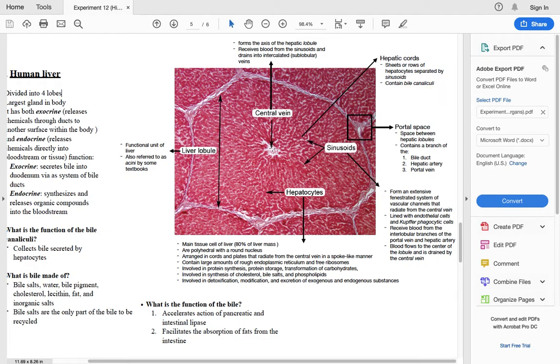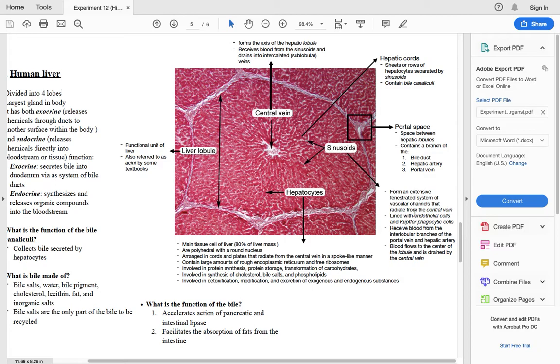We have in the middle a central vein, which forms the axis of the hepatic lobule. It receives blood from the sinusoids and drains into intercalated or sublobular veins. What are the sinusoids? According to the manual, they form an extensive fenestrated system of vascular channels. So they have blood vessels and they radiate from the central vein.